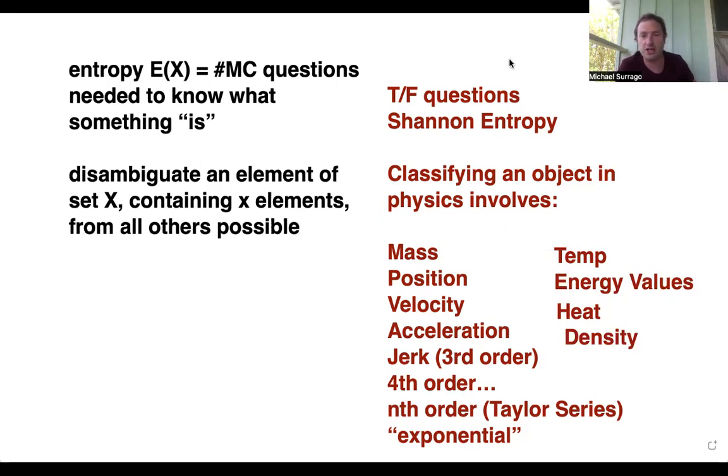I think the better definition for us is really to look at it in terms of the number of steps needed to disambiguate an element of set X. And if we do it in the Shannon entropy method, we get a formula, which is that the entropy up to size X is basically the log base 2 of the set size.